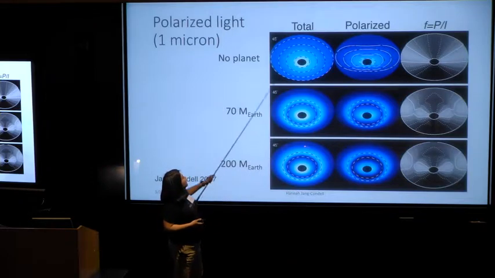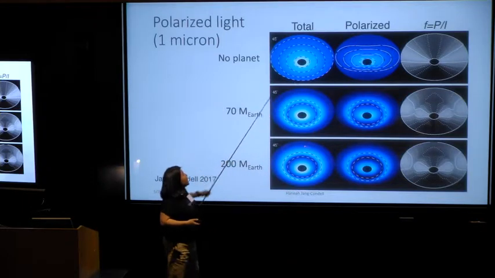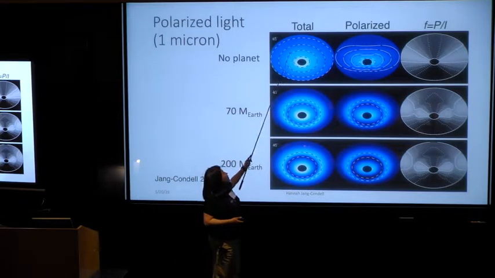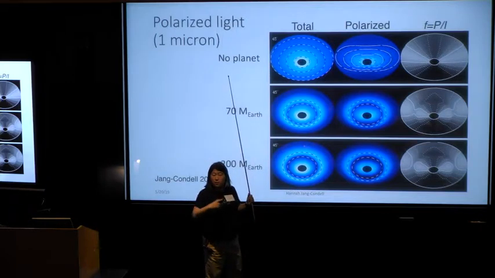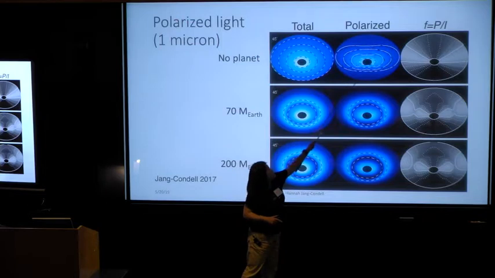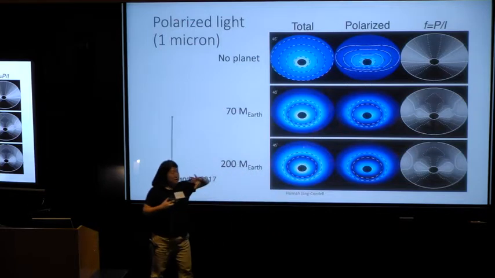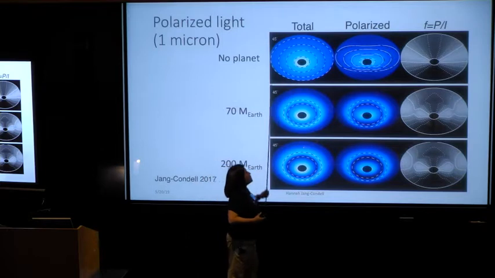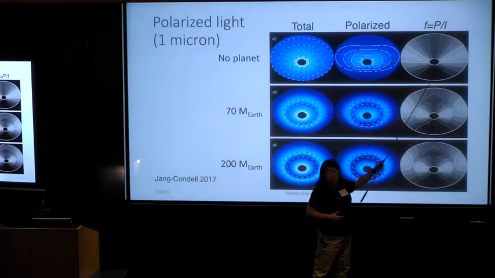So, for example, here, if you look in this disk here without any planet in it whatsoever. If we were to trace these lines, these are isophotes, so lines of constant brightness, and if you trace out those same isophotes here in the polarized image, this disk actually looks like it's tilted a lot more than it actually is. And the reason for that is the fractional polarization.